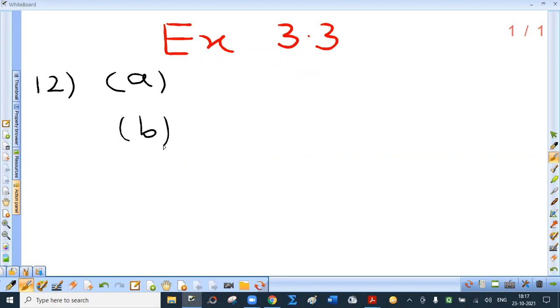Next line, B part. Out of 720 numbers, 120 are divisible by 5.